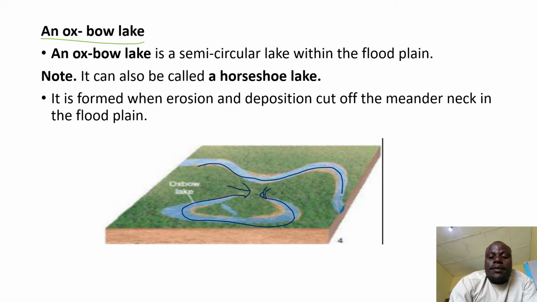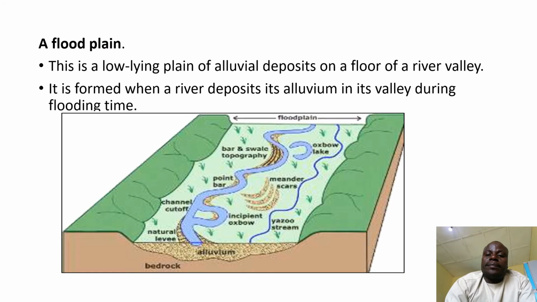So if depositional materials come and get deposited here, they will block the meander neck. And when the meander neck is blocked, the original river keeps on flowing in a straight line, leaving this part of the river separated from the main river, forming an oxbow lake.